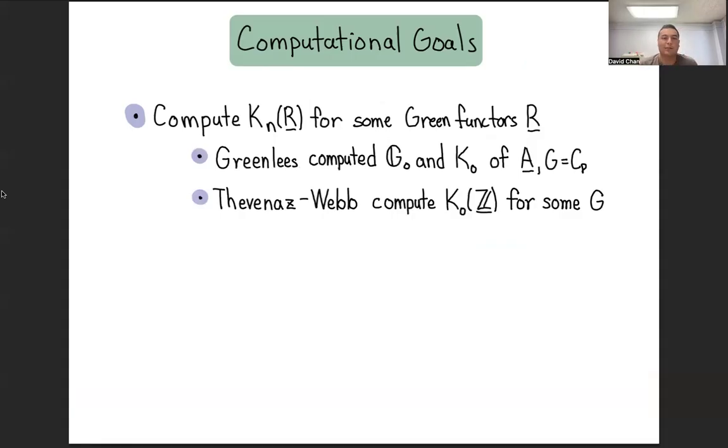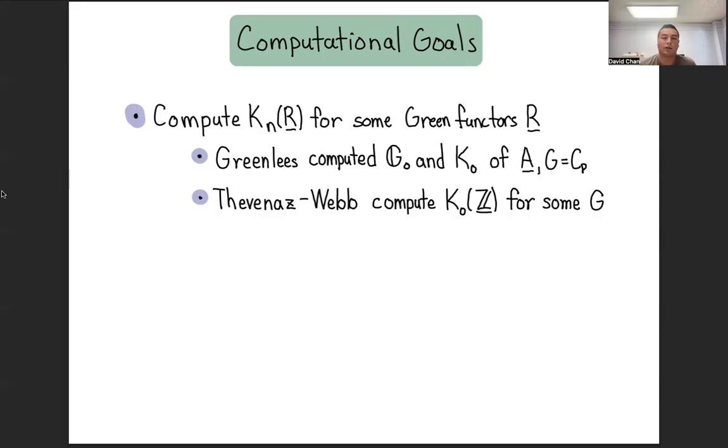So John Greenlees computed G0 and K0 of A, or the category of C_p Mackey functors. He did a few more computations for different green functors that I haven't introduced yet. But I think most of them have to do with inverting the order of the group G, or in this case, inverting p, and I don't want to do that.